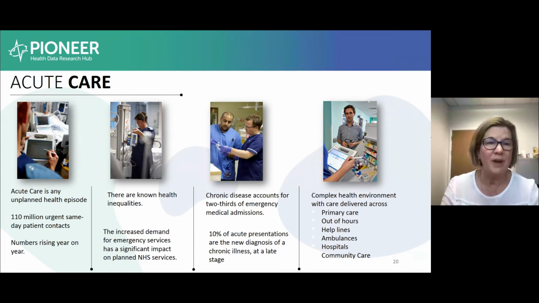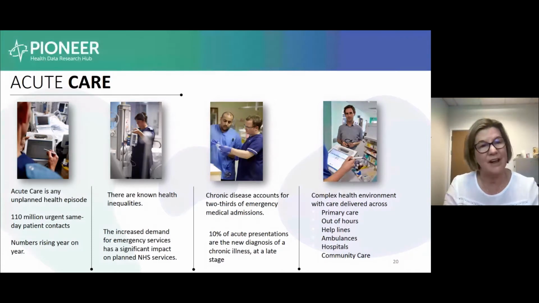We know that there are known health inequalities around how people use emergency services, with some people being more reliant on them than using standard planned NHS care. And we also know that as the demand for acute services rises and there are more unplanned admissions to hospital, it has a huge impact on how the NHS delivers planned care, such as planned operations or therapies.